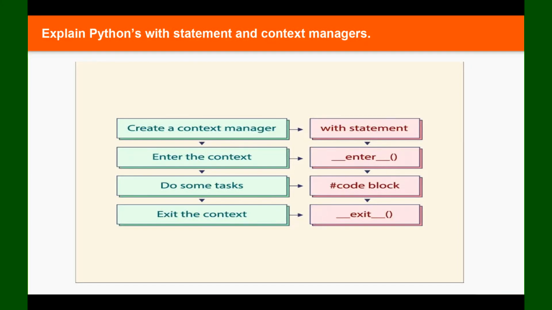It handles setup and teardown actions using two specific methods: __enter__, which is used to set up the context and return the resource, and __exit__, which cleans up the context, even if an exception occurs. This is how the context manager works in Python.